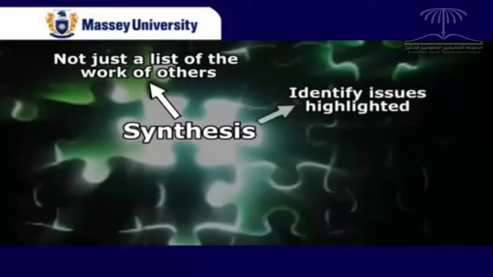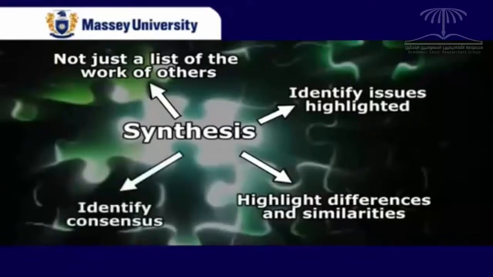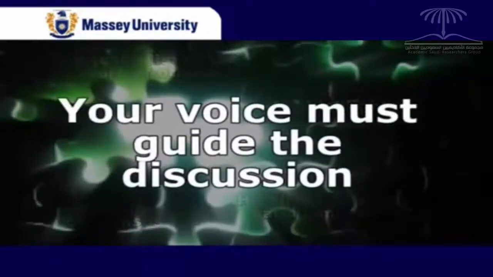Rather, identify the issues highlighted in the research and organize your literature review around these in line with the aims of your research. You might also highlight differences and similarities in findings across the research and identify areas of consensus among researchers. It is imperative that your voice guides the discussion.